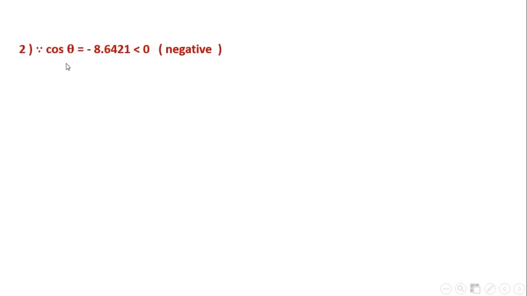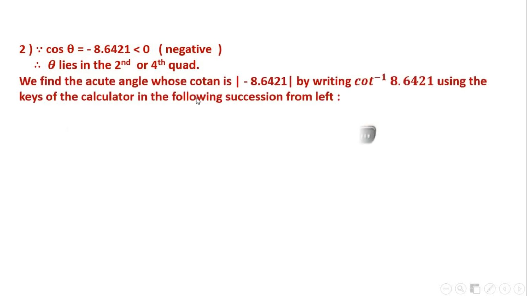Number 2, since cotan theta equals negative 8.6421, less than 0, which is negative, theta lies in the second and fourth quadrants.